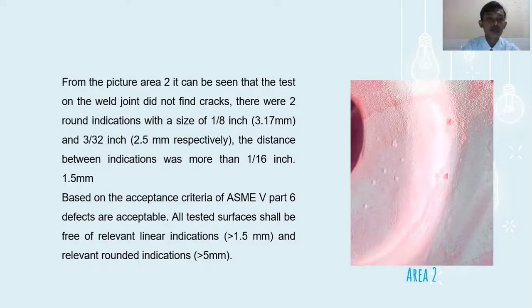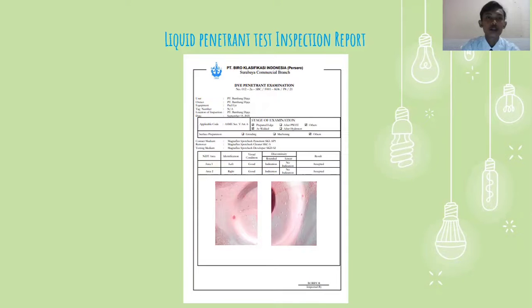The distance between indications was more than 1.5 millimeter. Based on the acceptance criteria of ASME 5 part 6, the defects are acceptable. All testing surfaces shall be free of relevant linear indication over 1.5 millimeter and relevant rounded indication under 5 millimeter. This is the liquid penetrant test inspection report.